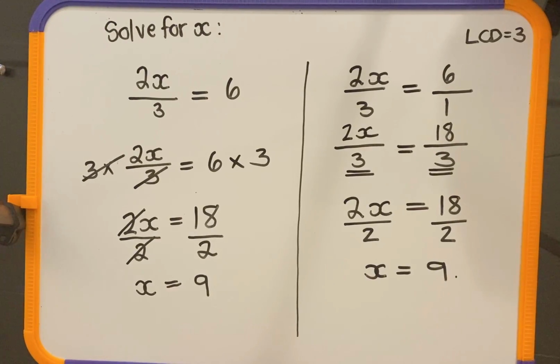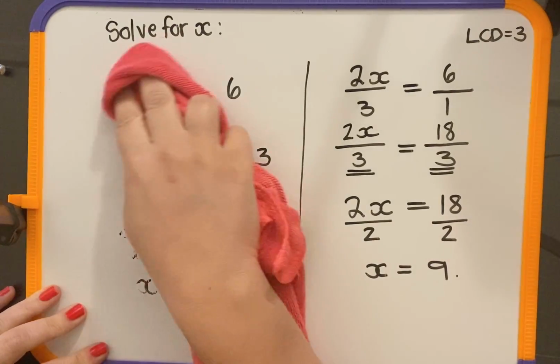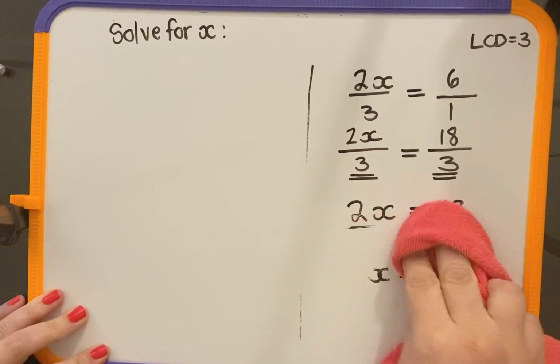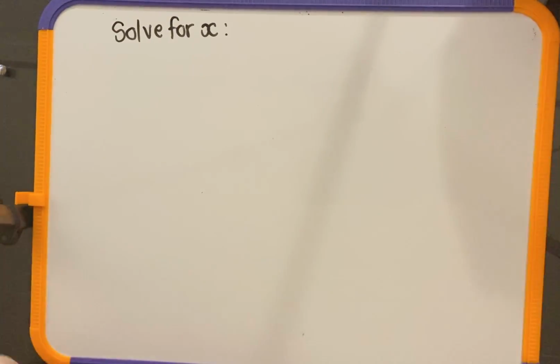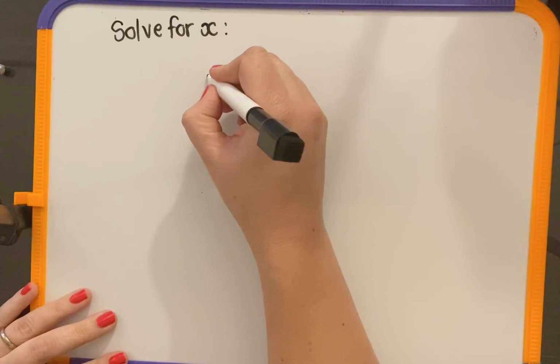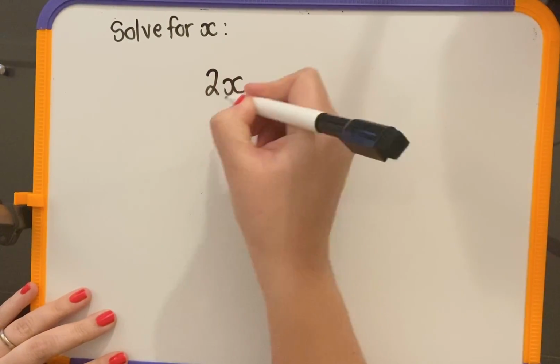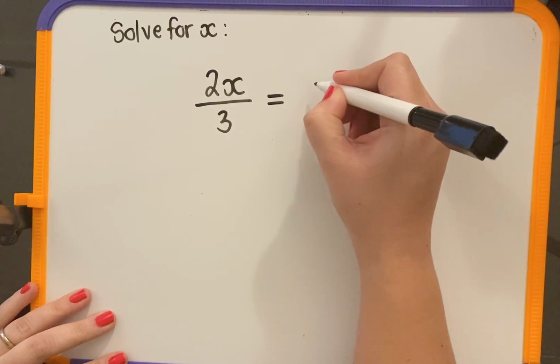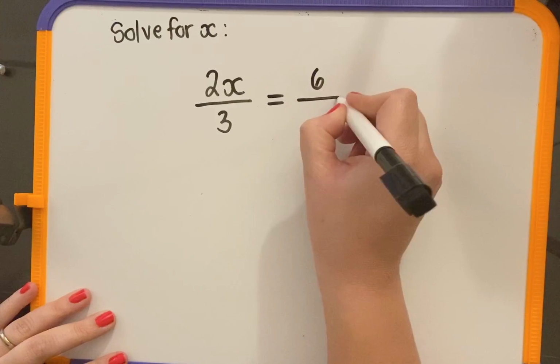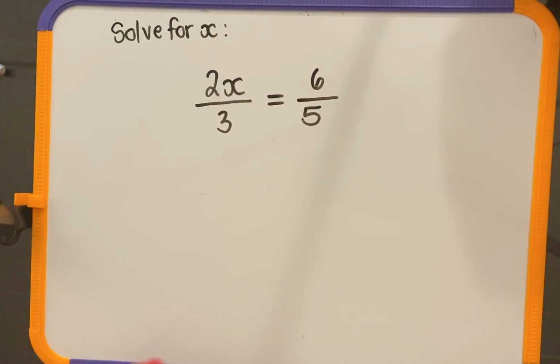Okay, now those were simple examples. What's going to happen if I give you the following example, where I have 2 denominators that are completely different? So for example, I say solve for x, where I have 2x over 3 and 6 divided by 5.